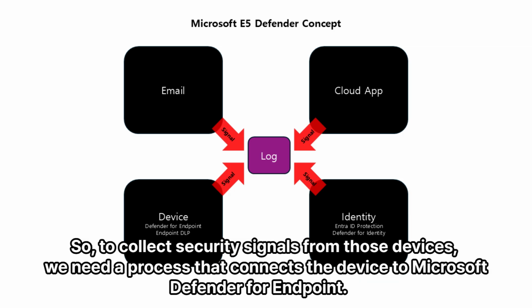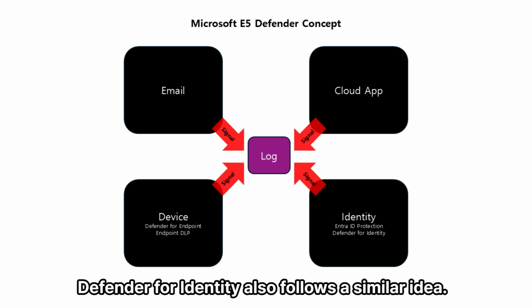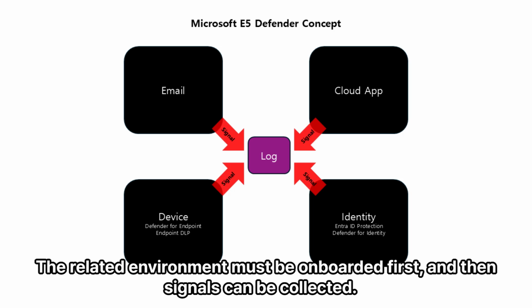So to collect security signals from those devices, we need a process that connects the device to Microsoft Defender for Endpoint. That process is called device onboarding. Defender for Identity also follows a similar idea. The related environment must be onboarded first, and then signals can be collected.